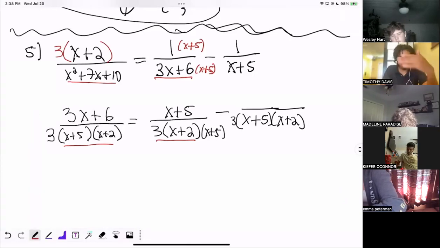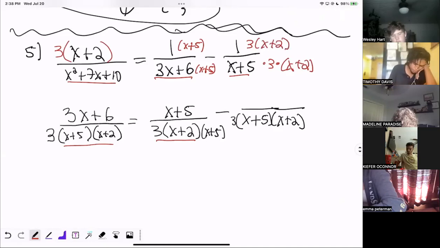And the last one, I had the x plus 5, so I need 3. I need to multiply by 3 and x plus 2, which is 3x plus 2, times 1 is just 3x plus 2. So I'll distribute it, 3x plus 6. Be really careful of this minus sign.